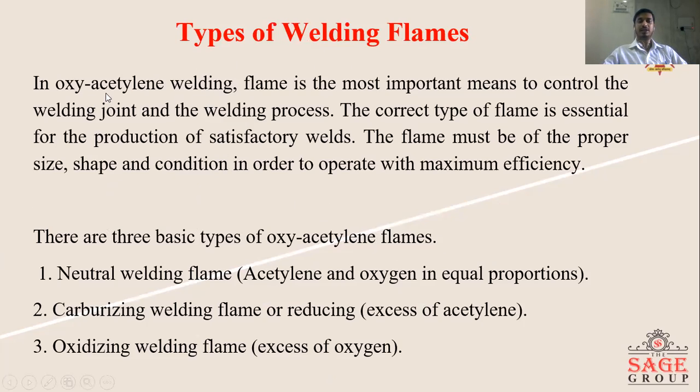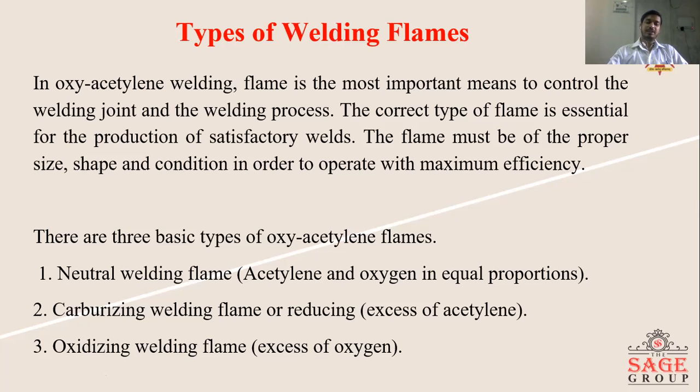Right. Types of welding flame. The oxyacetylene welding flame is the most important means to control the welding joint and the welding process. The correct type of flame is essential for the production of a satisfactory weld. The flame must be of the proper size, shape and condition in order to operate with maximum efficiency.